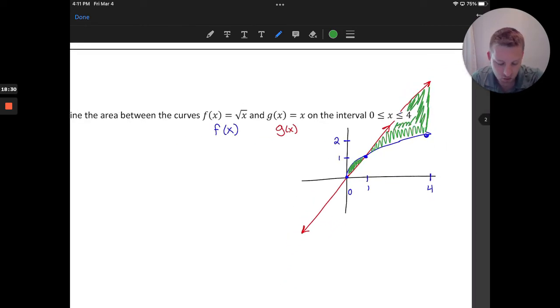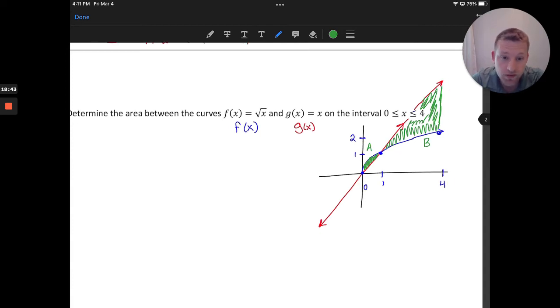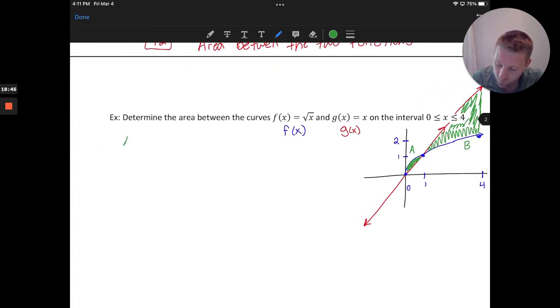So let's go ahead and maybe label these two parts A and B. So let's call this area here A, and then this larger area we'll call the area B. So if I was to set up the integral that would solve for this area A, well, we could set this up as the integral from 0 to 1 would be our bounds.